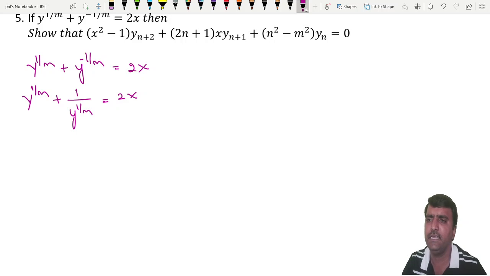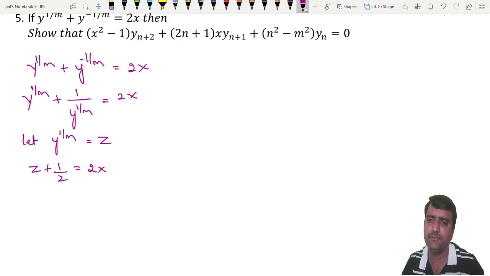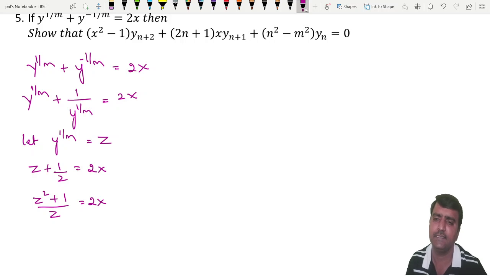As here you take y to the power 1 by m, let y to the power 1 by m, you take it as z. So then what happens? This is z plus 1 by z is equal to 2x. So take LCM, it is z square plus 1 by z is equal to 2x.